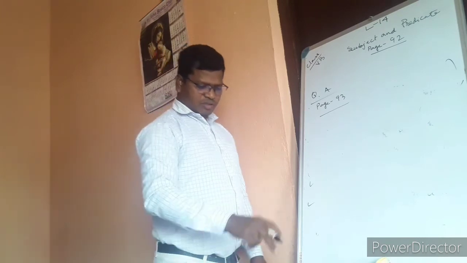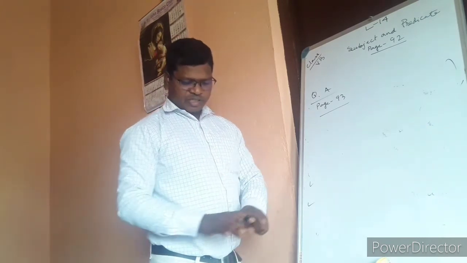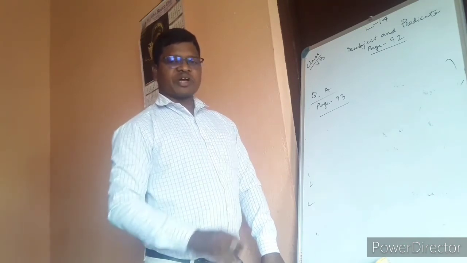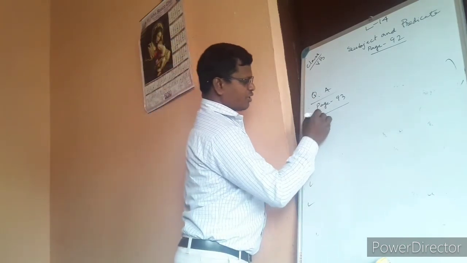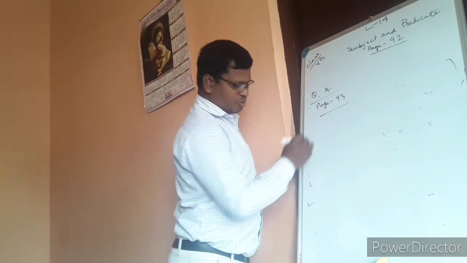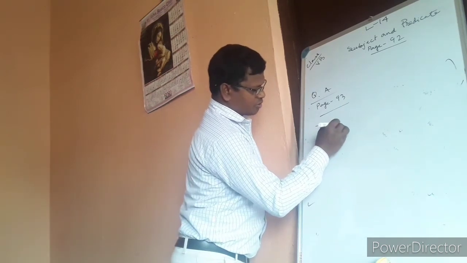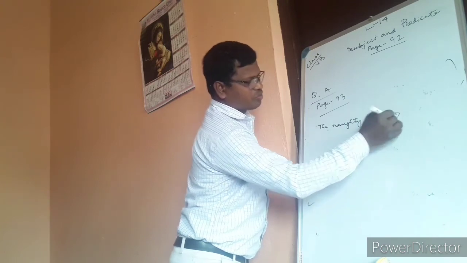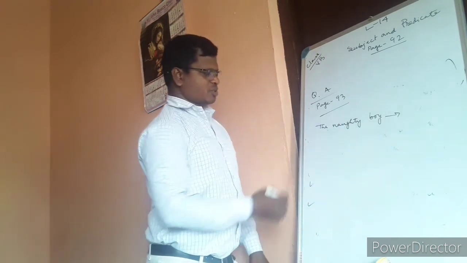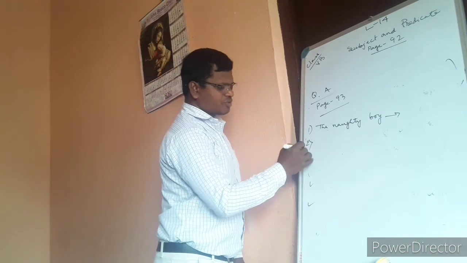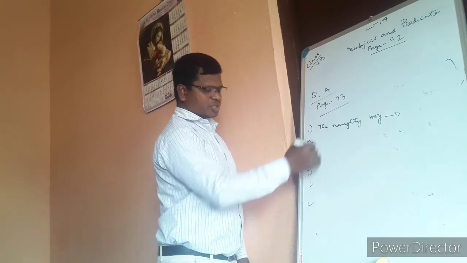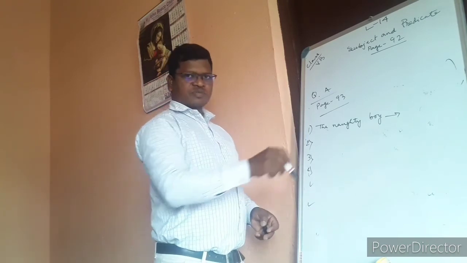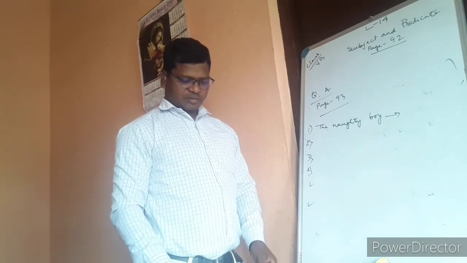The first one, the naughty boy: write in a proper way, straight matching. The naughty boy, what did the naughty boy do? And then you write the answer there itself. Then you continue with the second, third, fourth, fifth. This way you will be writing. Don't draw the lines from here and there.